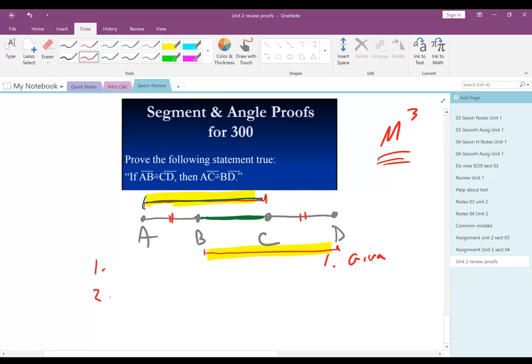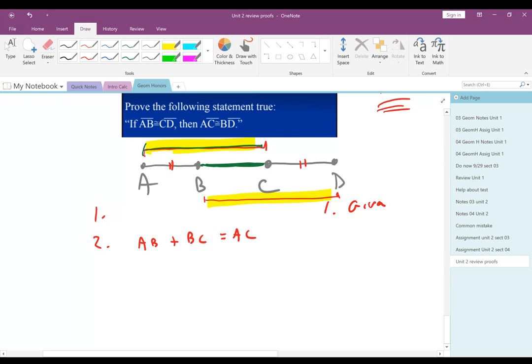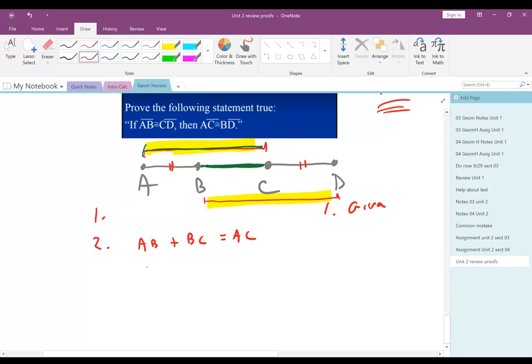So after you've stated the given, I want to say that AB plus BC is equal to AC. And if you want to do it in the same line, you could say CD plus BC equals BD.